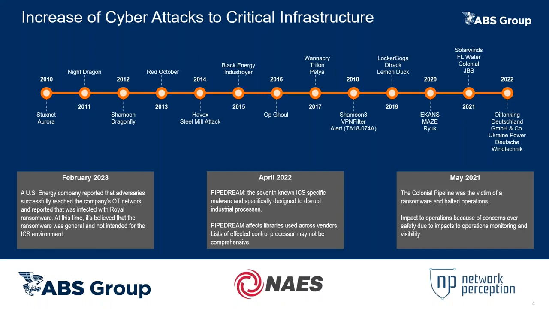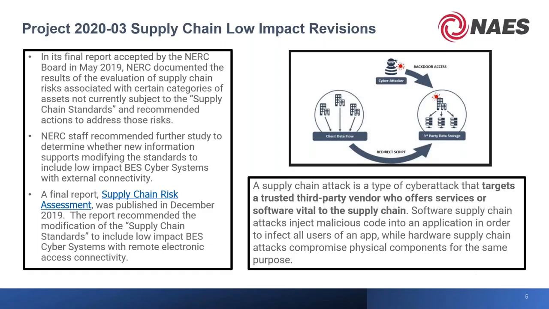And I guess, Michiko, we'll get into the next topic. Can you give us a little overview of the requirement that's coming down? Yeah, and we'll hit it again a little further down in this presentation, but just a little background for everyone. Project 2020-03, the supply chain low impact revisions, was really the next logical step after they got CIP-003 published for medium and high impact BCSs.